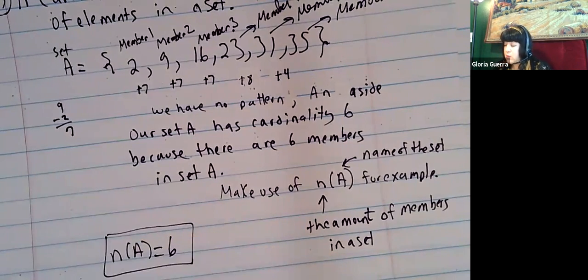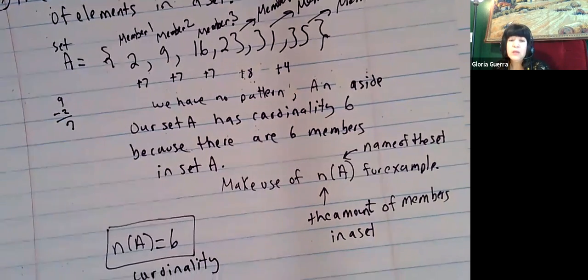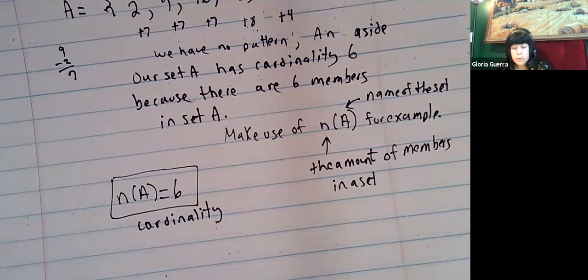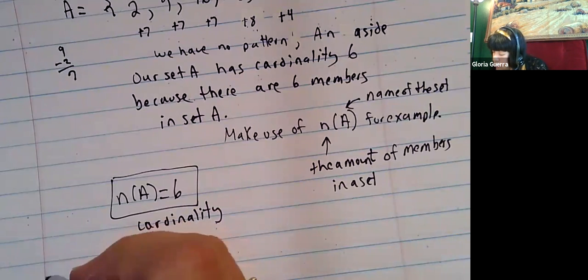That stands for cardinality. Okay, so that's what 13 is about. How many members are in the set? And then here's another cardinality problem, number 14.